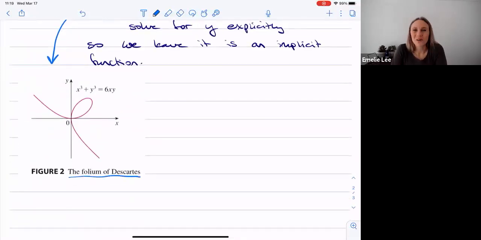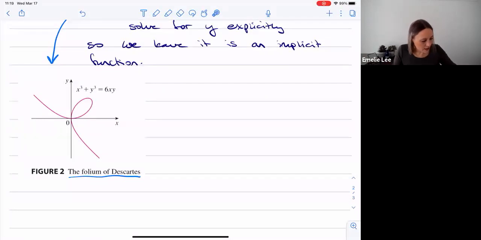Okay. So it's got this kind of loop-de-loop, and just like the circle has the negative, the bottom half, and the positive, now it's actually defined, kind of piecewise defined. But we don't need to worry about that because we don't need to solve for y, because we have implicit differentiation.